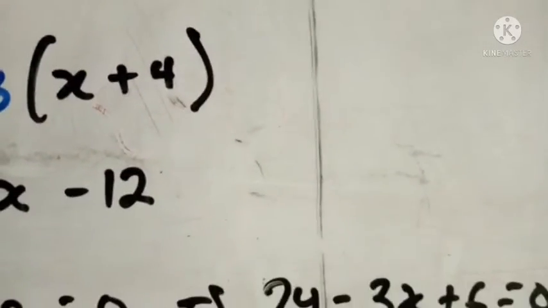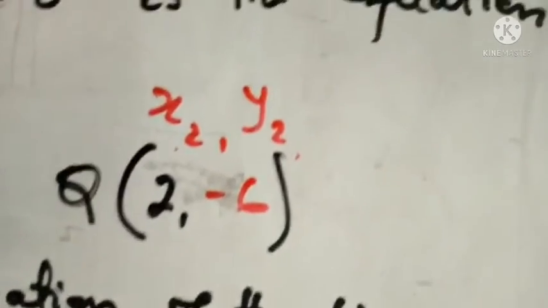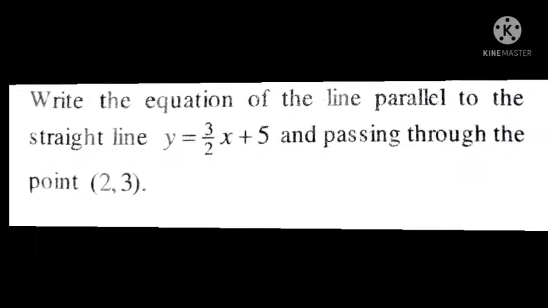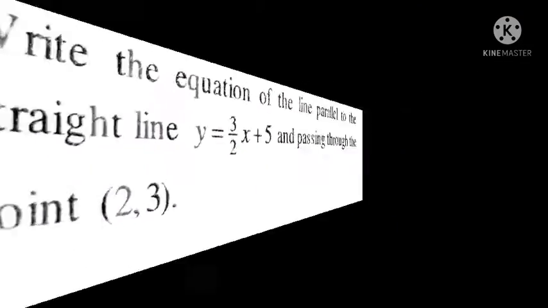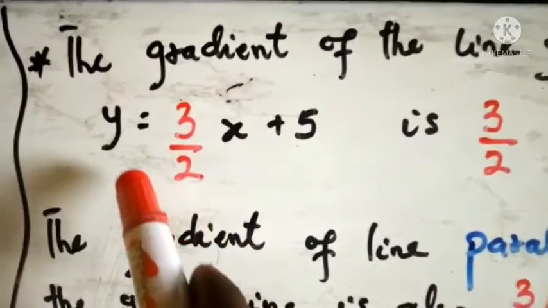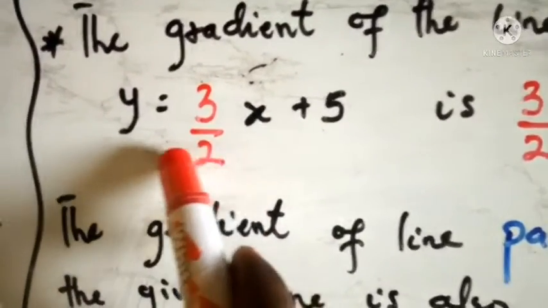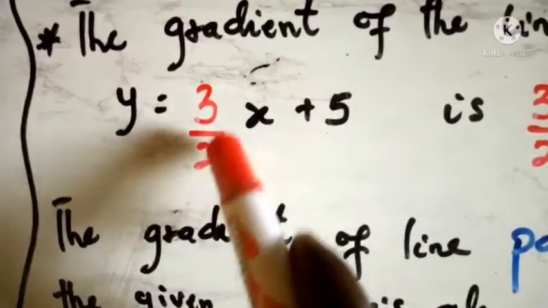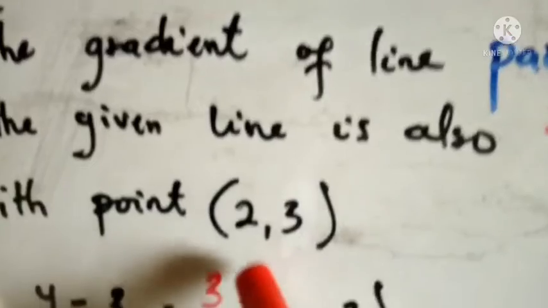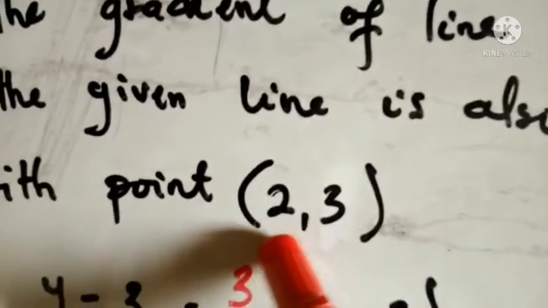Now here's another type of question that says you should find the equation of a line from the given information. Here we are given the equation of the line to be y equal to 3 over 2 x plus 5, and then we are given another point, 2, 3.